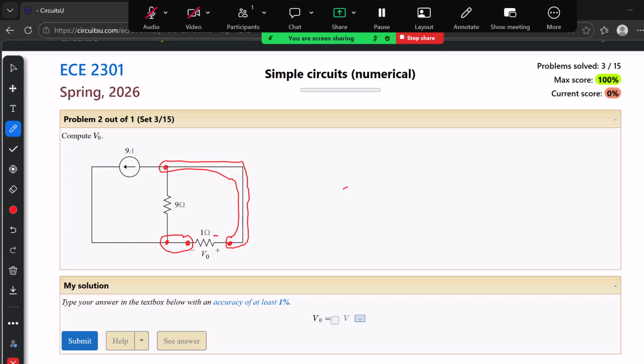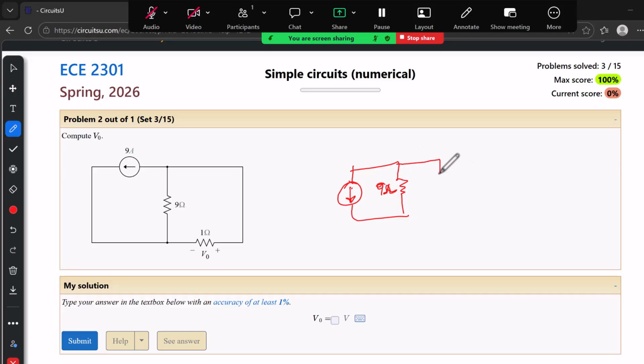If for some reason you cannot visualize whether they're in parallel or not, you can slide this 1 ohm resistor across our resistor, which is going to be 9 ohms, and then our other resistor, which is going to be 1 ohm.